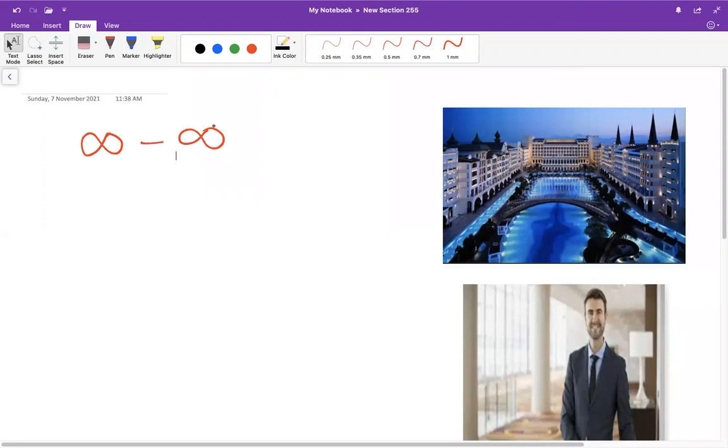If I ask you what is infinity minus infinity, most of us will think that the answer can be zero, because the same thing minus the same thing will always give me 0, like 2 minus 2 gives me 0, 3 minus 3 gives 0.